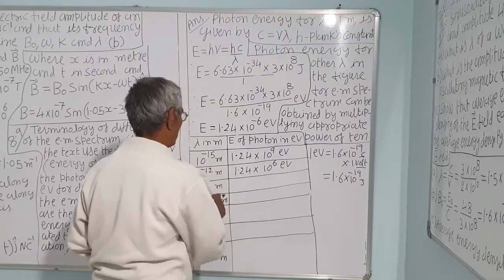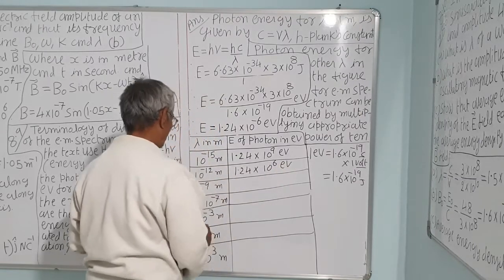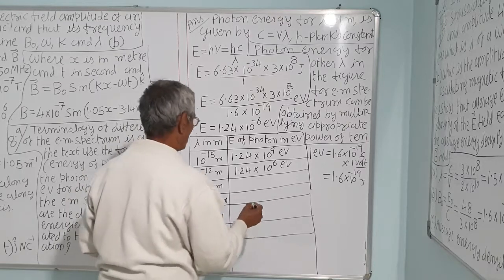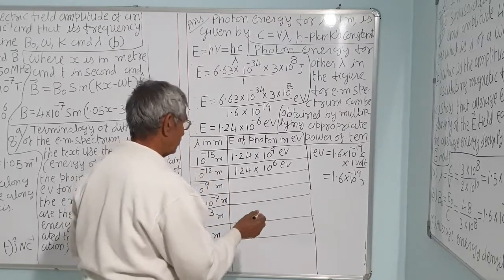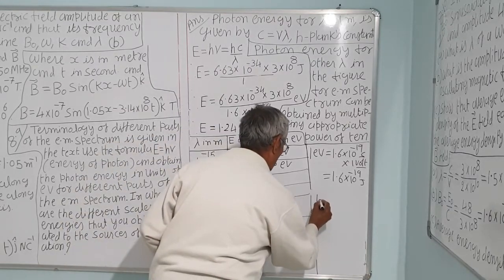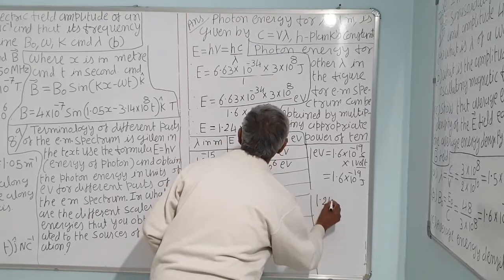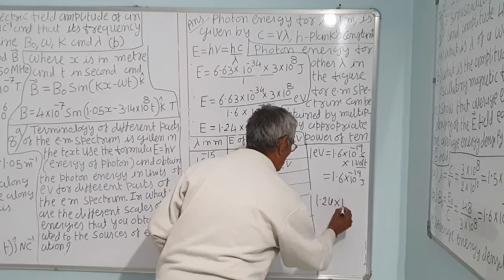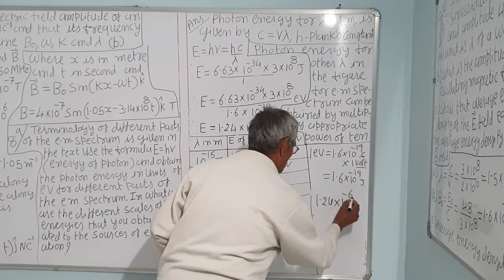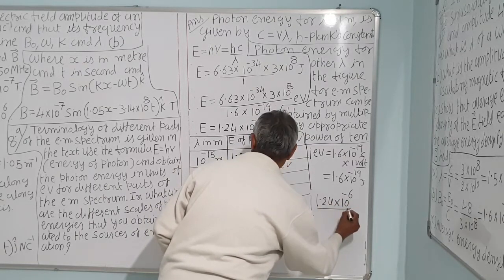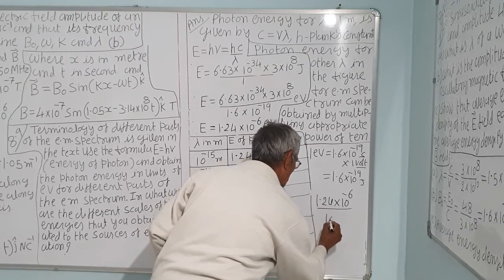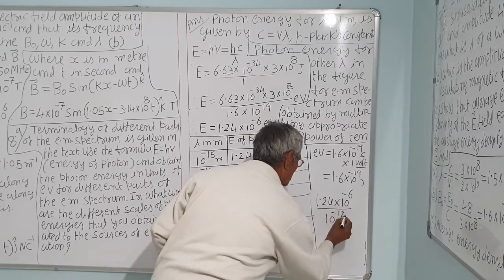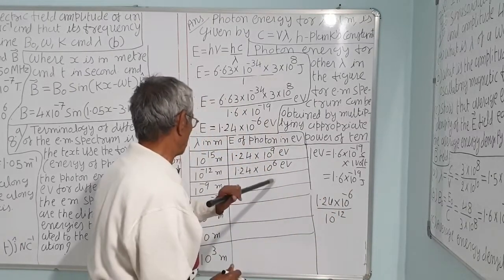You can divide it, it's very simple. You can write 1.24 into 10 raised to minus 6 divided by 10 raised to minus 12. This will be plus, so it will be plus 6, correct.